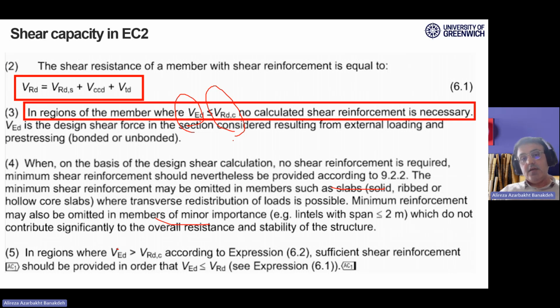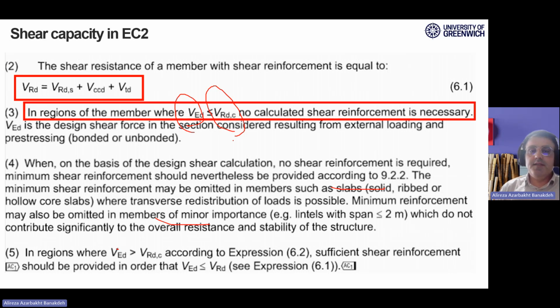And for that design, you need to allocate all of the shear forces to the reinforcement and forget about VRDC. So if VED, the resultant shear force, is more than VRDC, then we just put VRDC aside.